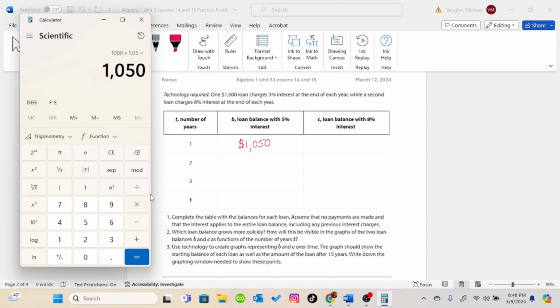After a second year, we're going to multiply this new balance times 1.05 again. This adds 5% of the new balance to it, and we get $1,102.50.